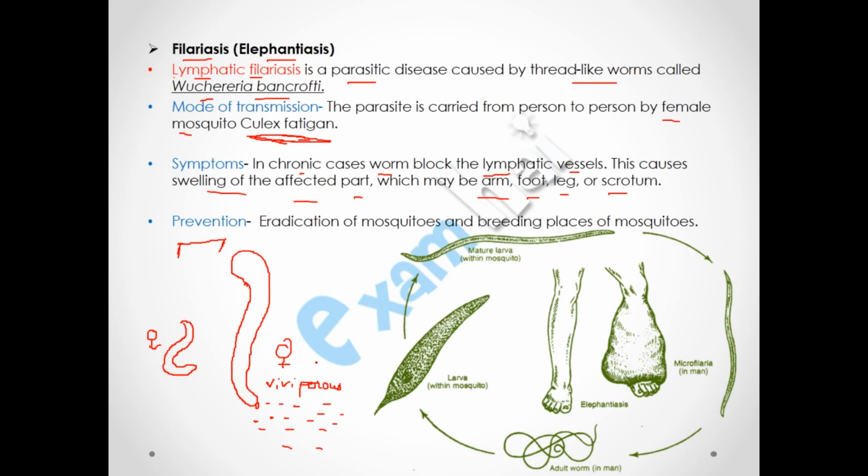Okay, so these worms from the lymphatic vessel migrate to the superficial blood vessels of skin. Superficial blood vessels are those blood vessels which are just beneath the skin.